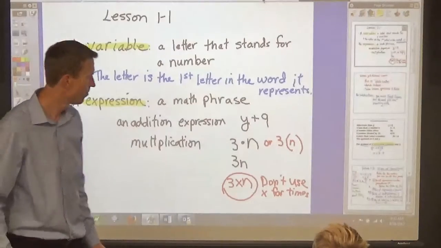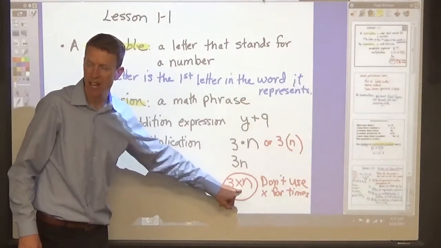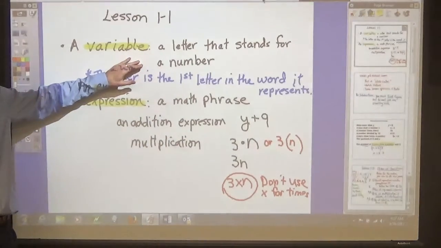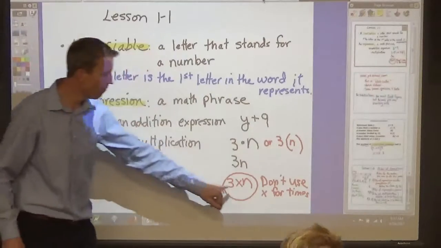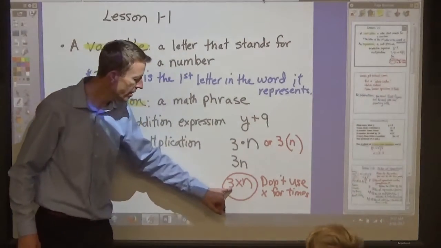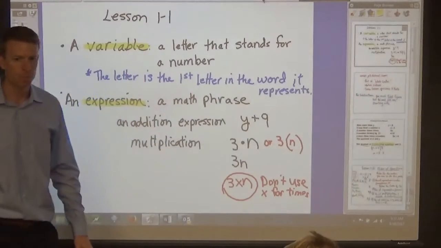Yes? It looks like 3 times x times n. Yes, because x is also a letter, and if we are using letters in our expressions, then that could be confused for the letter x. So then it says 3 times x times n instead of 3 times n.